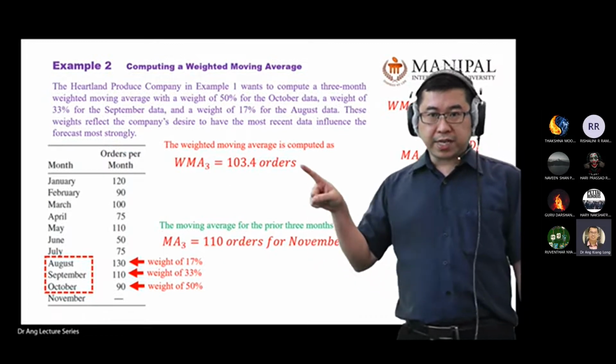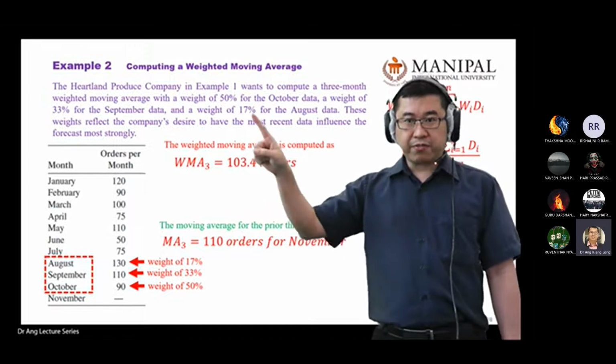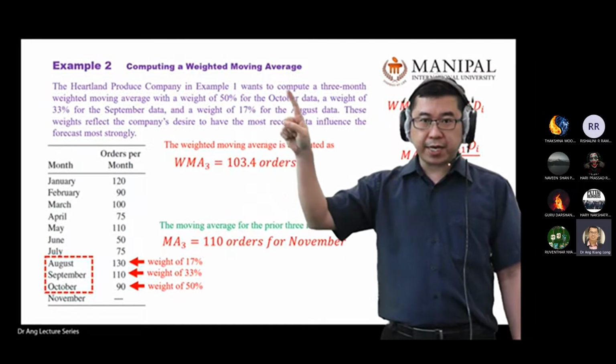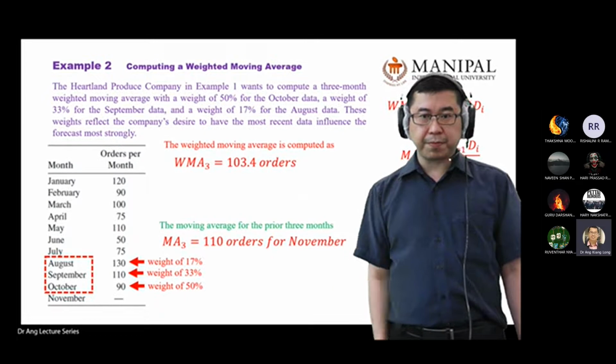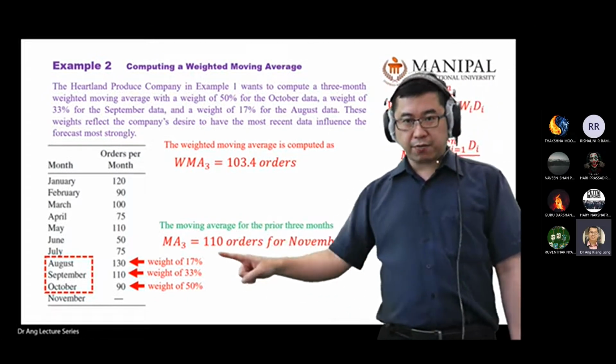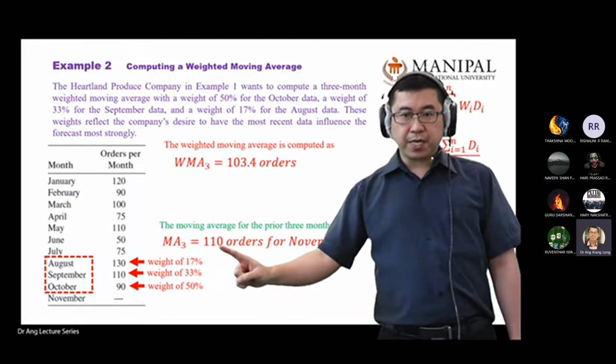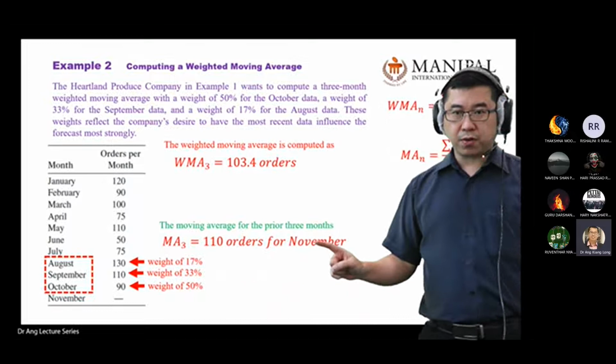So as you can see, this is the weighted moving average for 3 months with the percentages given 50%, 33%, and 17%. You compare to the previous one that you did for moving average. Your moving average for 3 months is 110 orders for November.